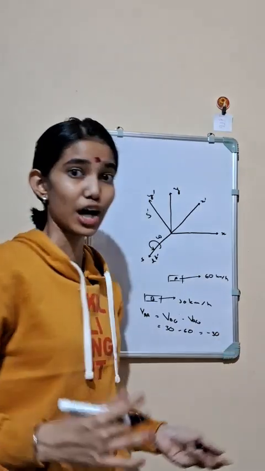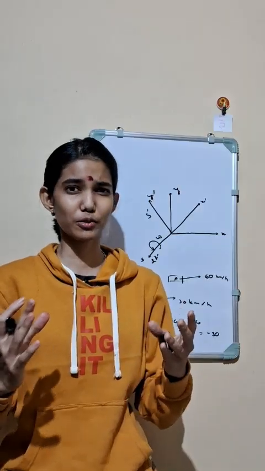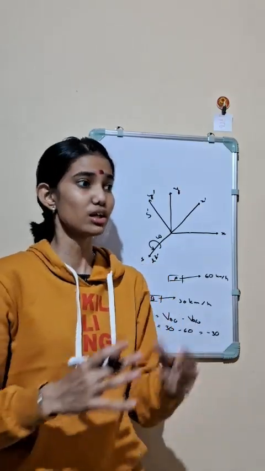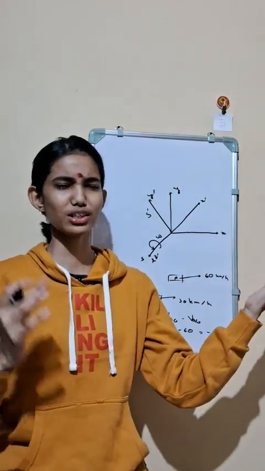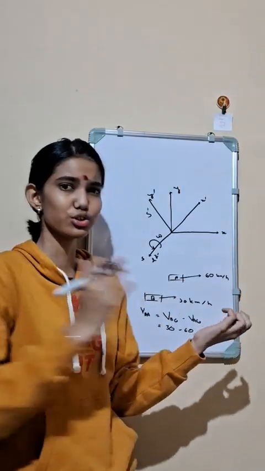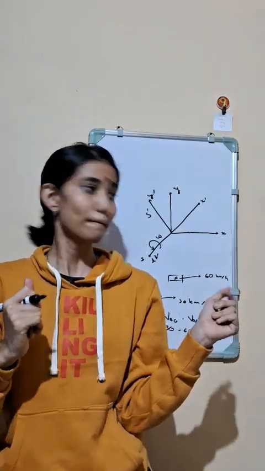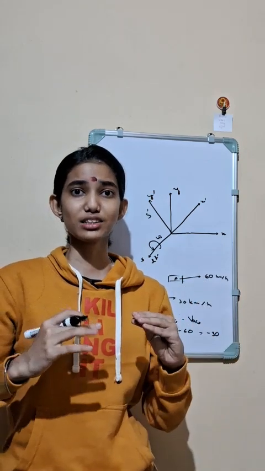The actual situation is that an observer on the ground will say that this person is going with a higher velocity and this person is also traveling but with a lower velocity. Both are traveling, but A will say that I am at rest.